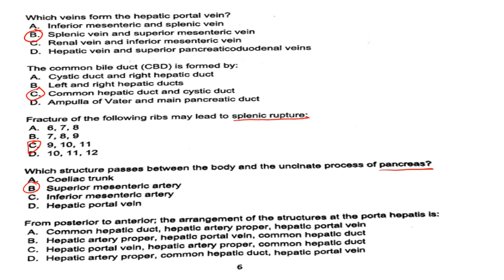From posterior to anterior, we need to understand that we have the hepatic portal vein which comes first, and then we have the hepatic artery, and then the last one is the duct. So the first one has to be the vein, so in this case it has to be this option here, the hepatic portal vein, and then we have the hepatic artery proper, and then we have the common hepatic duct. So that's the arrangement from the posterior to the anterior.